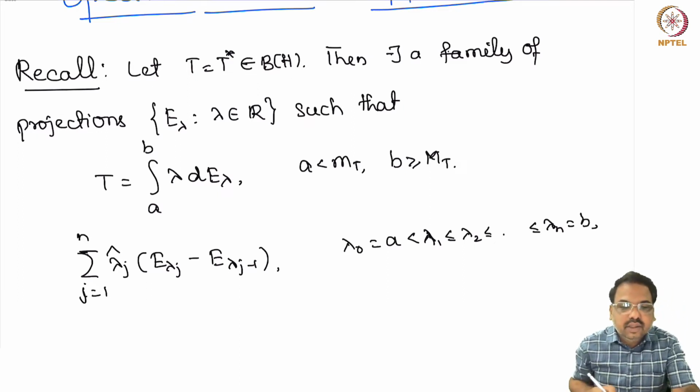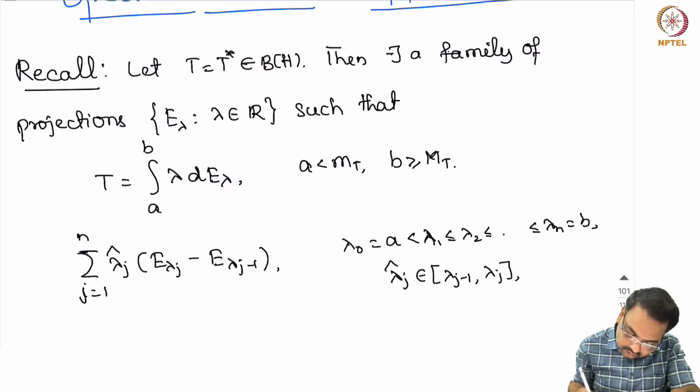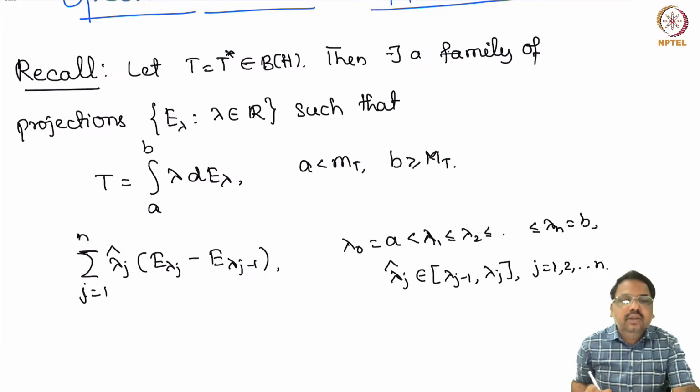This is a partition of [a, b], and this lambda j hat is a point in [lambda j minus 1, lambda j], for j equal to 1 to n.